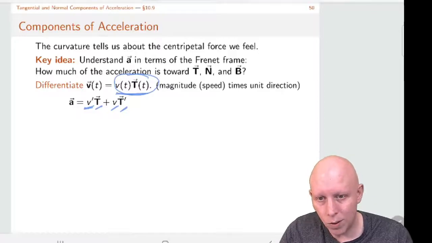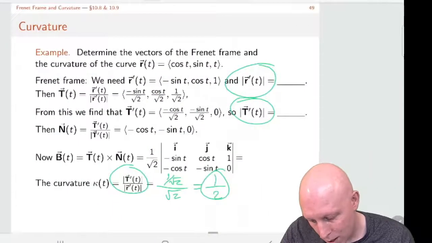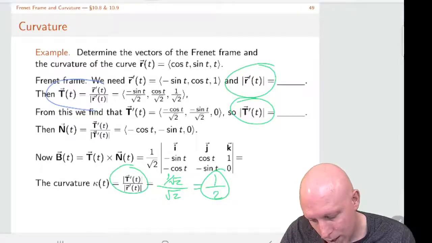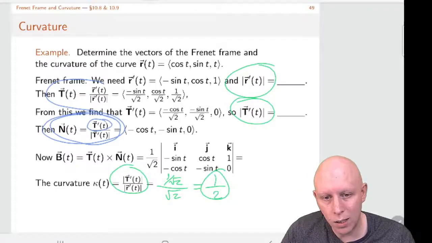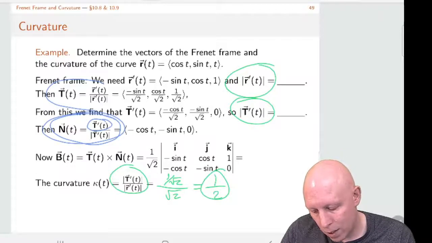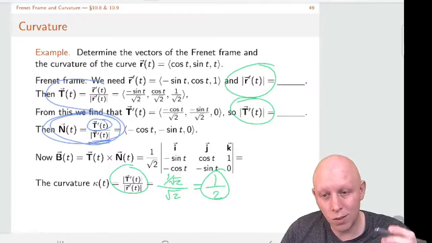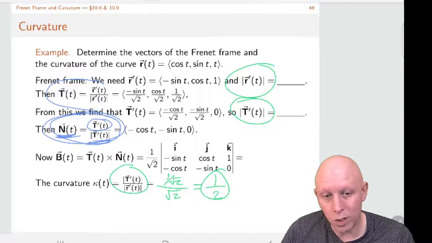Now this derivative of the T vector we calculated last time. We found that the derivative of the tangent vector divided by its length is equal to the normal vector.